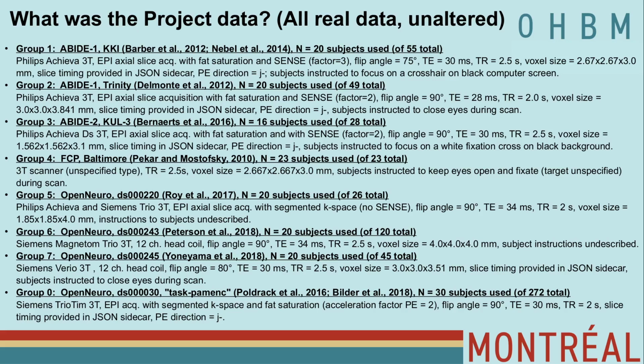So the first 7 groups are resting state data, and the last group, group 0, is task. And there were about 20 subjects from each of the resting state repositories used here, so about 130 total, and then 30 from the task data set.